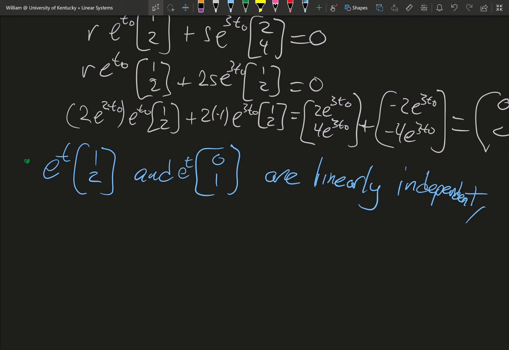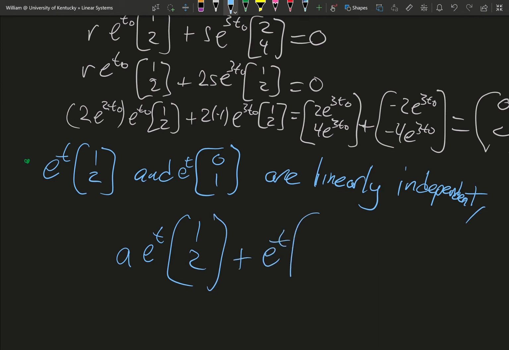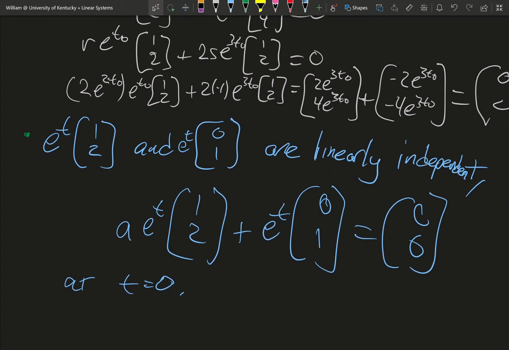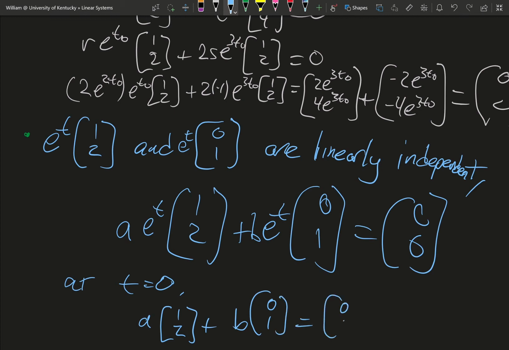And the reason for this is, if I try to solve, I can pull out e to the t, and let's say at t equals 0. You can do it at any value. Let's say we have a (1, 2) plus b (0, 1) equals (0, 0).